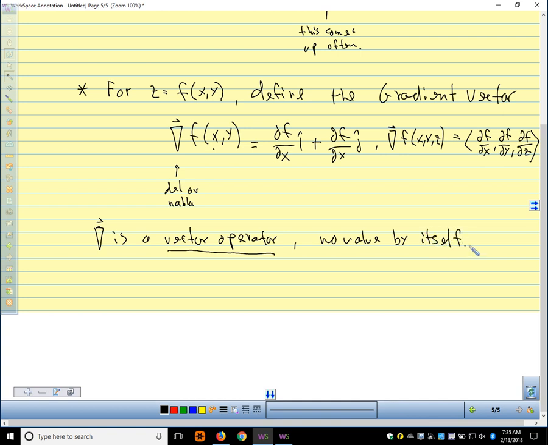It has to act on a function, so it must operate on a vector or a function to have meaning.